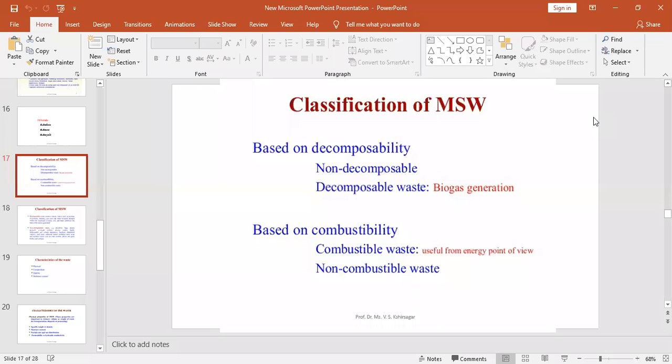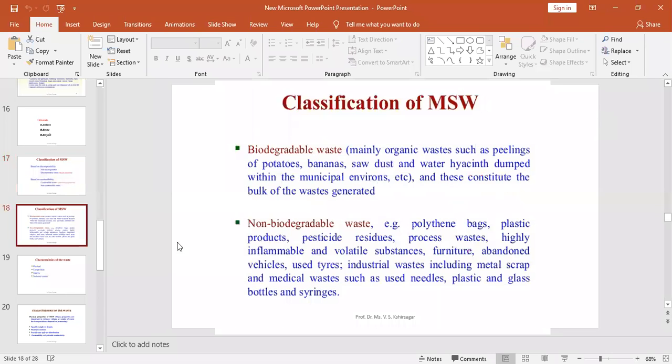Okay, we'll move to the next. That is biodegradable, explained over here. Biodegradable waste is mainly organic waste, such as peelings of potatoes, bananas, sawdust, and water dumped within the municipal environments. Whatever material degrades is basically organic waste material, and these constitute the bulk of waste generated.